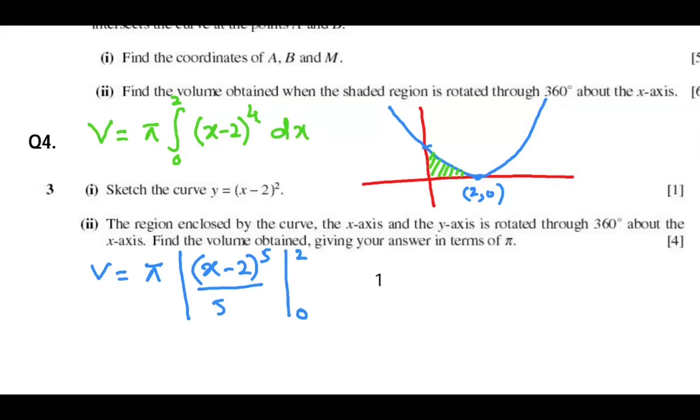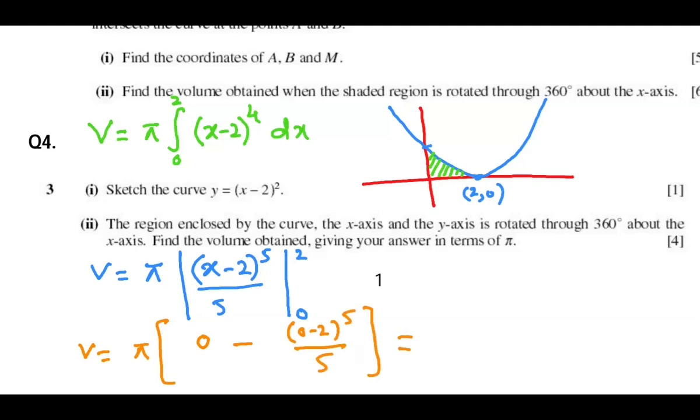So we have integrated. Now put the limits. How to use the limits? Upper limit minus lower limit. So upper limit is 2. So अगर upper limit put करें 2 minus 2 is 0. So 0 बन जाएगा. So 0 minus lower limit, which is (0 minus 2) whole power 5 over 5.